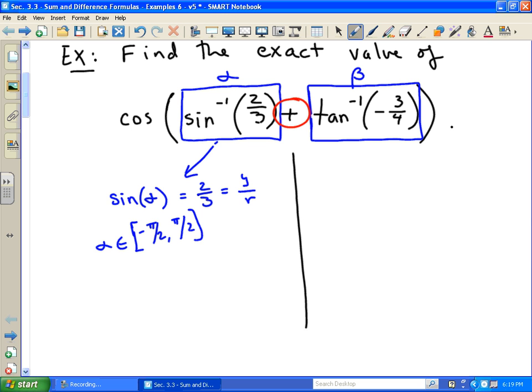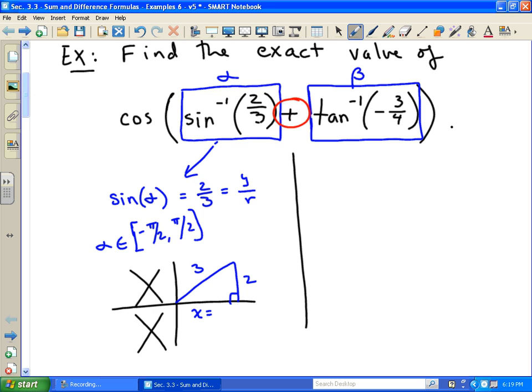So let's draw a triangle and see how this is going to act. Because of the restriction on alpha, I can't consider quadrants 2 or 3. Because I have a positive value 2 over 3, that means my triangle is actually in quadrant 1. The y value is 2, the r value is 3. I can find the value of x by using the Pythagorean theorem.